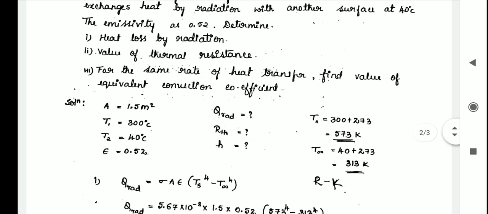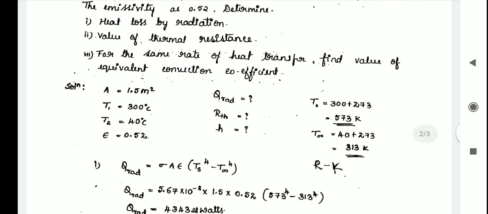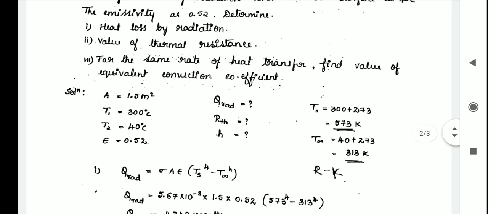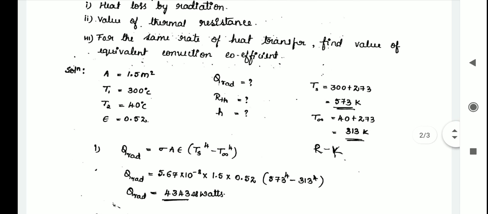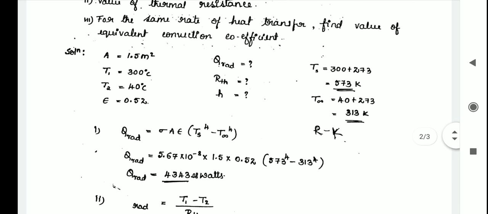The given data are: area is 1.2 meter square, temperature T1 is 300, T2 is 40 degrees Celsius, and emissivity epsilon is 0.52. This is a radiation type of problem.